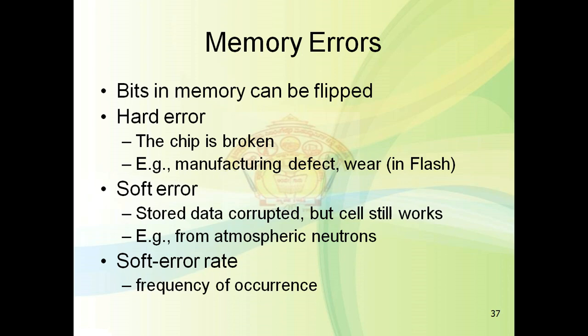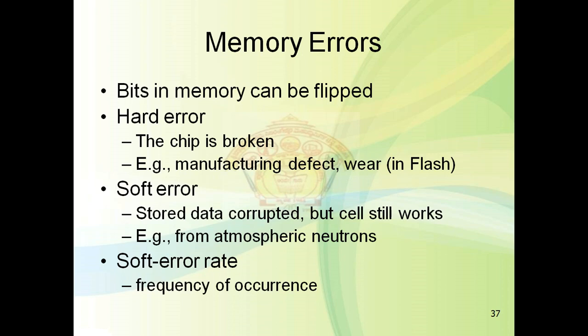These errors depend upon the area in which the memory is working, and the atmosphere in which the memory is produced. Depending upon that, the frequency of errors will vary. But these errors are temporary, and they can be changed when we rewrite the data.